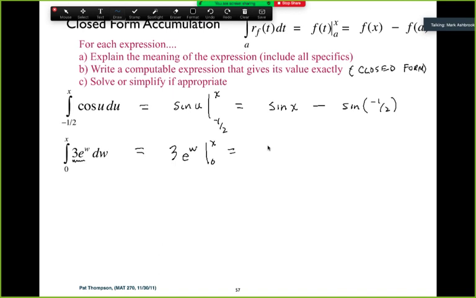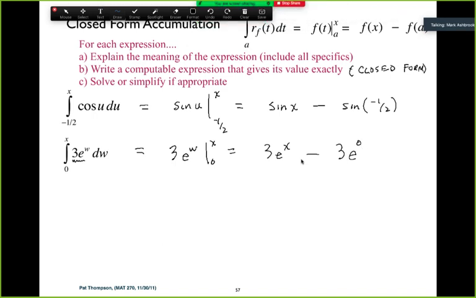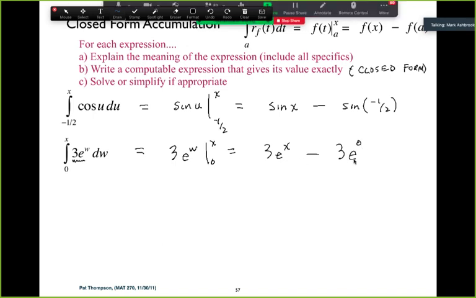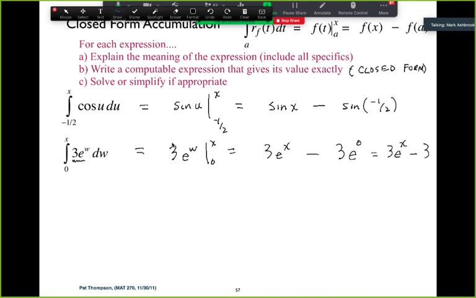And so then we plug in x, plug in 0, and subtract. Now, is this 3e to the x minus 0? No, it's 3. Just because one of your limits of integration is 0 doesn't mean that the expression will be evaluated at 0.